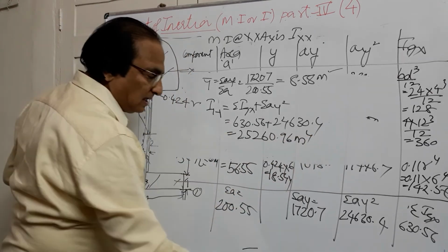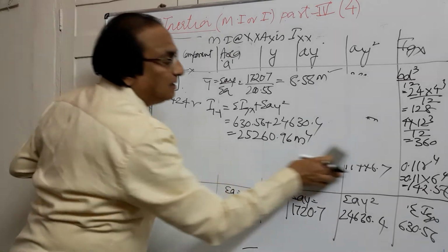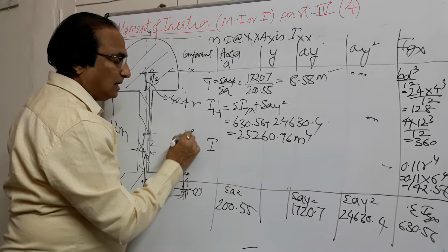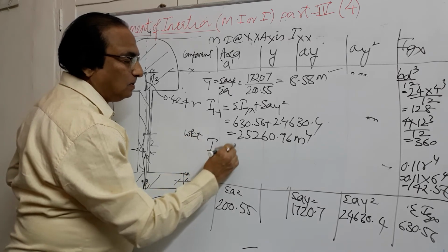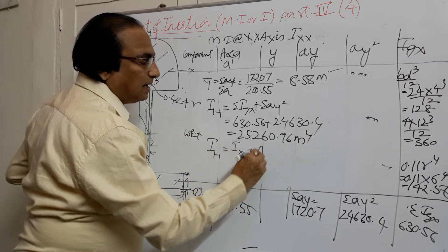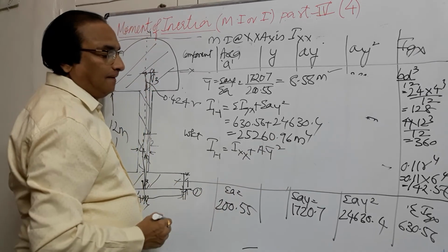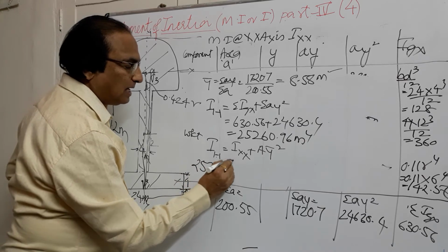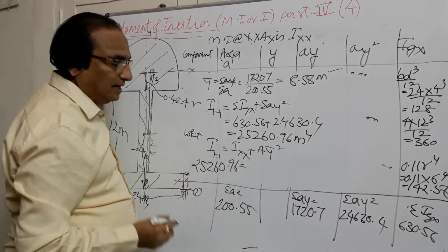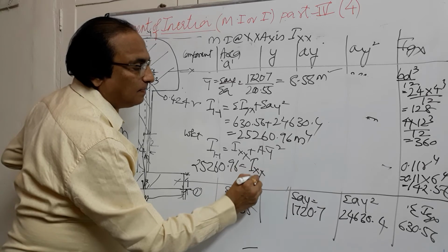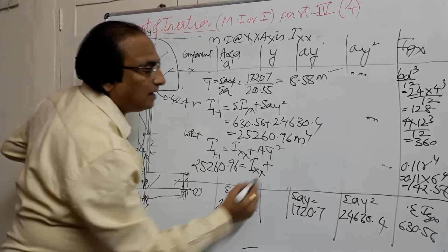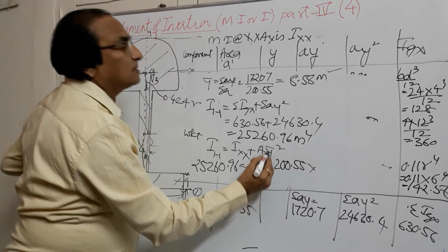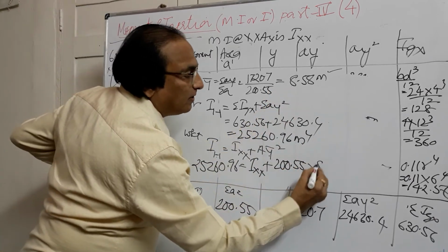We are not interested in I11, we are interested in IXX. So once again we will write the same formula. We know that I11 is equal to IXX plus A y bar squared. So we know I11, 25260.96 is equal to IXX we are required to find out, plus A is the net area 200.55 into y bar is the distance we have calculated, 8.58.